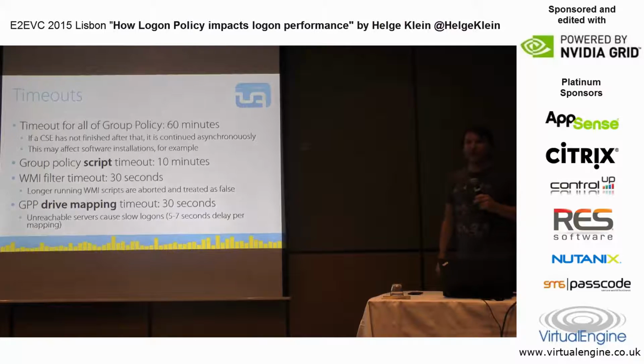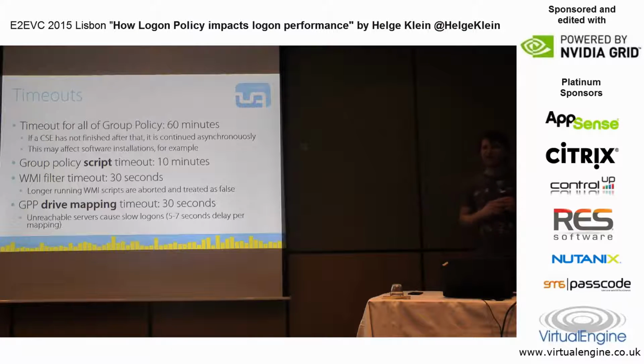Now, when you run logon scripts through group policy, those have a timeout of 10 minutes. Those values are not widely known, so that's why I list them here. WMI filters, we'll talk about those in more detail, can be used to have a certain GPO apply only to certain computers, for example.